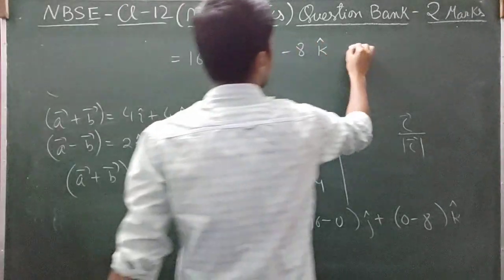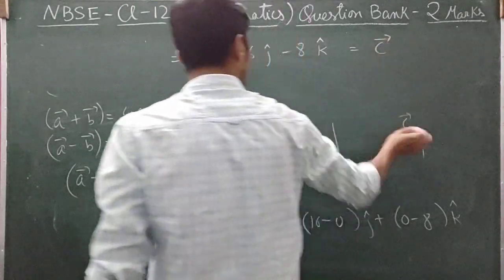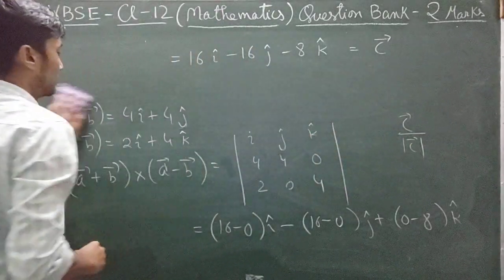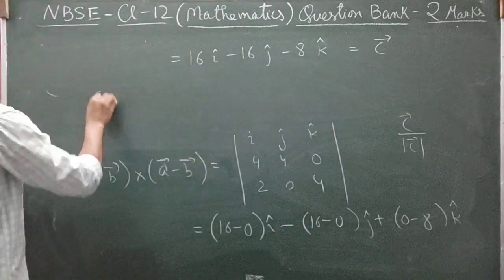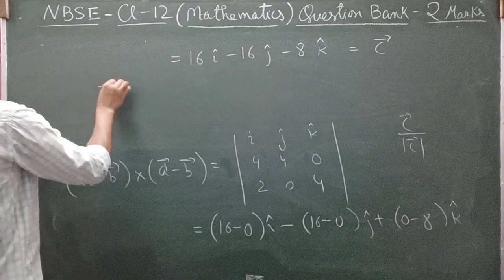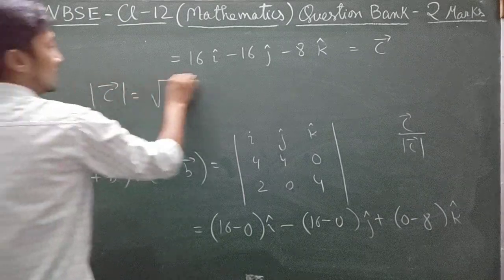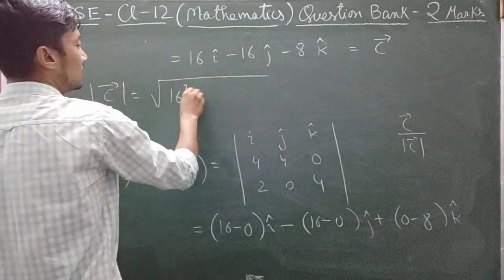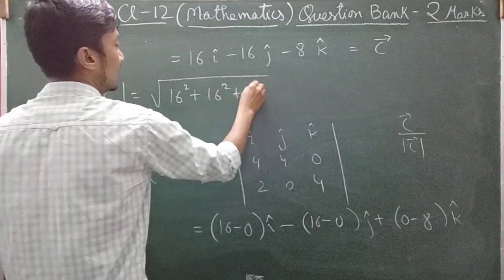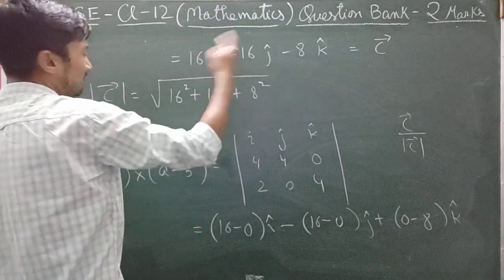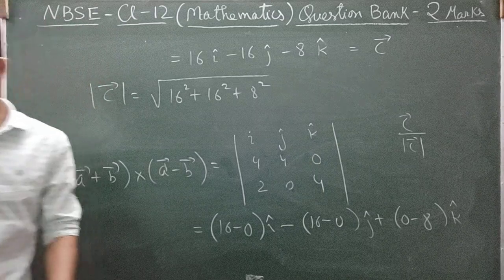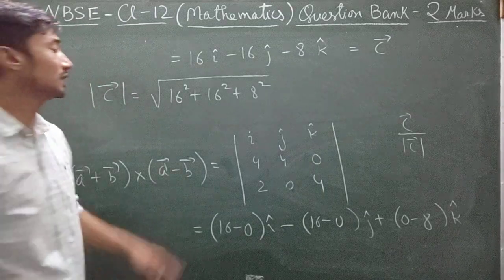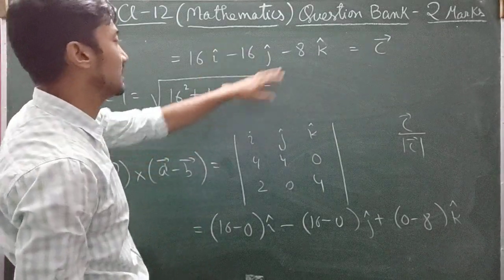Let's assume this to be our vector c. As mentioned, we need the magnitude of vector c also. That's nothing but 16 square, 16 square, 8 square. Minus 16 square doesn't matter, isn't it? It's just plus only, because minus square is positive. So minus 16 square is positive, minus 8 square is positive.